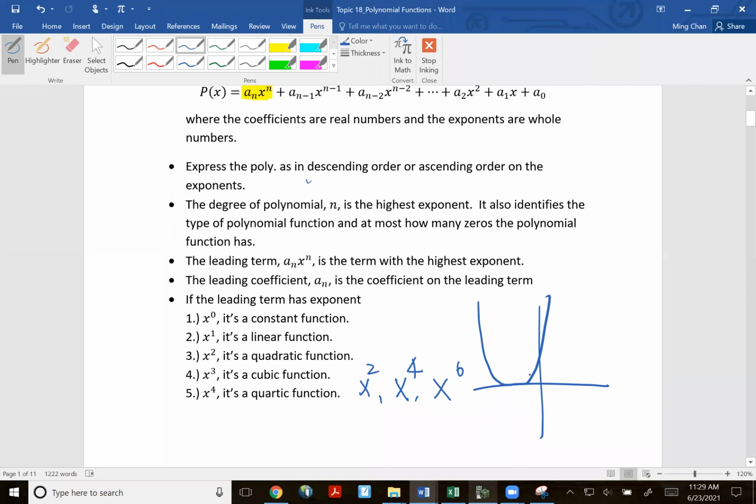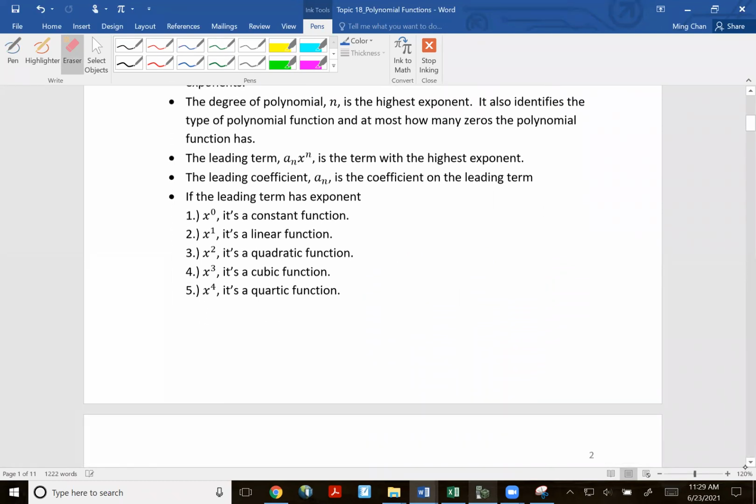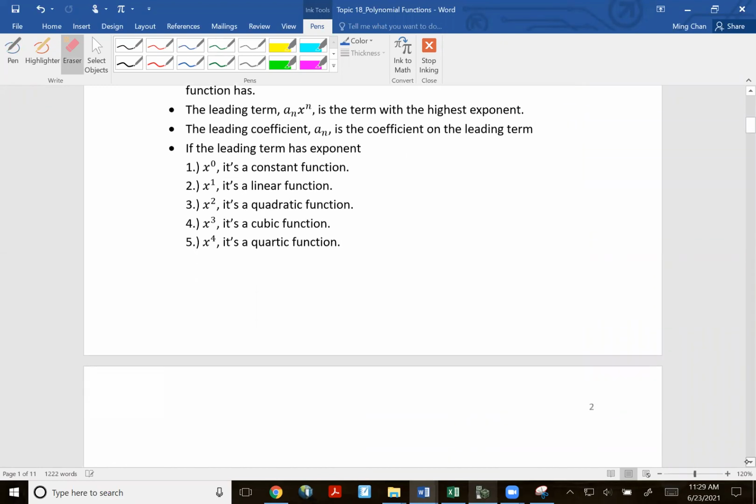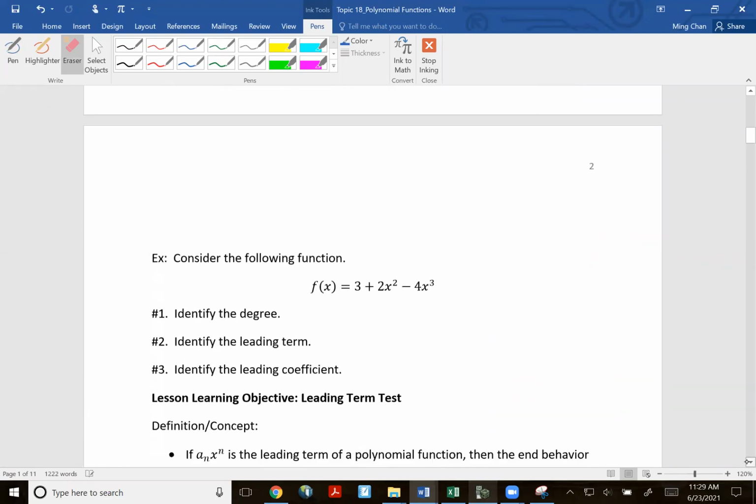But I do want you to know that the square, the 4th power, 6th power, all the even power graphs look very similar. All the odd exponent functions look similar, other than of course linear functions. A linear function is just a straight line. All right, so think about that, and let's take a look at some examples real quick.